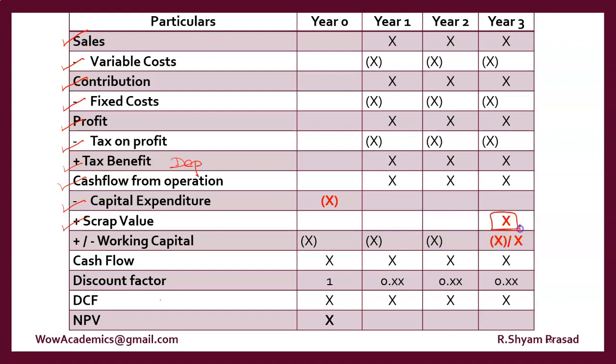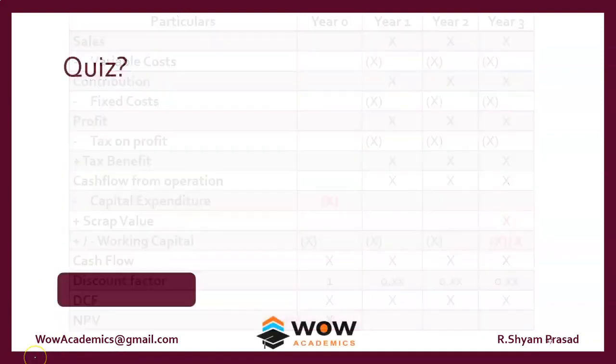Usually it will occur in the last year. If there is any cash outflow of working capital, show it as a minus number. If there's a cash inflow, show it as a plus number. Add all of them together, you arrive at the cash flow, use the discount factor, get the discounted cash flow, and you will arrive at the NPV. So this is the NPV format for a lengthy problem.